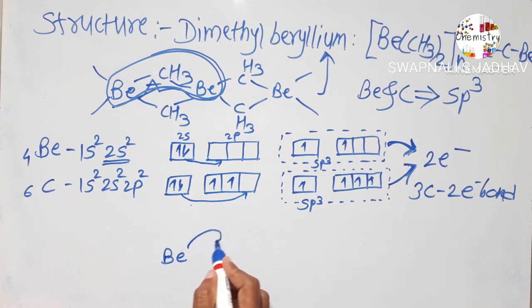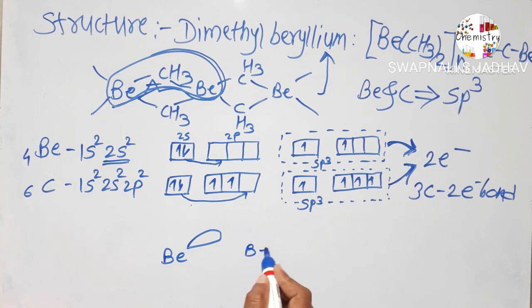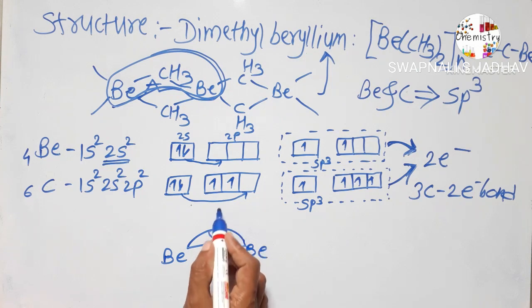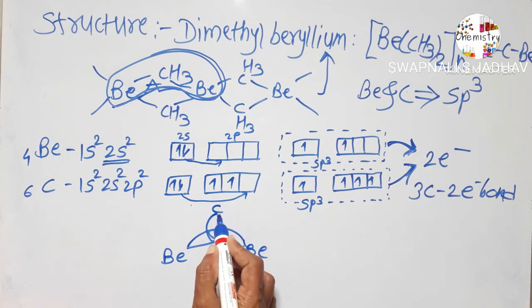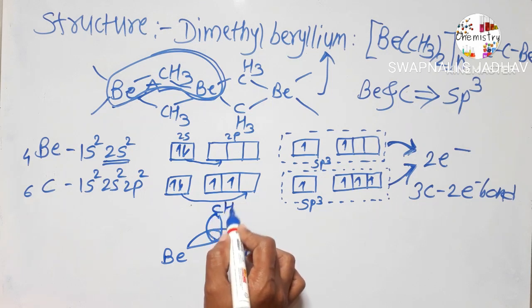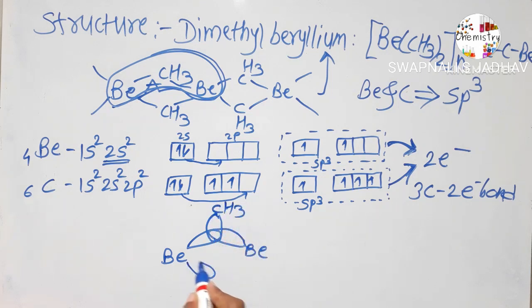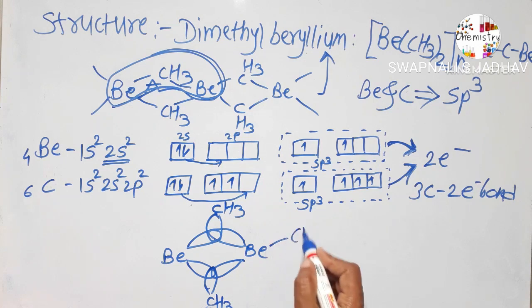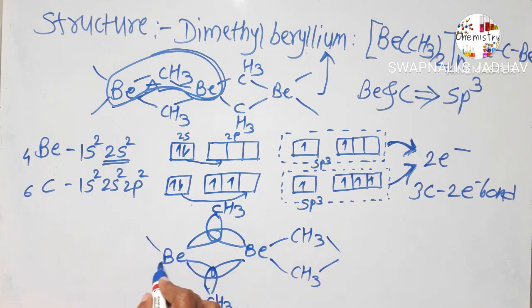Beryllium, this is another beryllium, this is our carbon, CH3. Here also a vacant orbital. Remaining parts Be, CH3, CH3, it goes on and on.